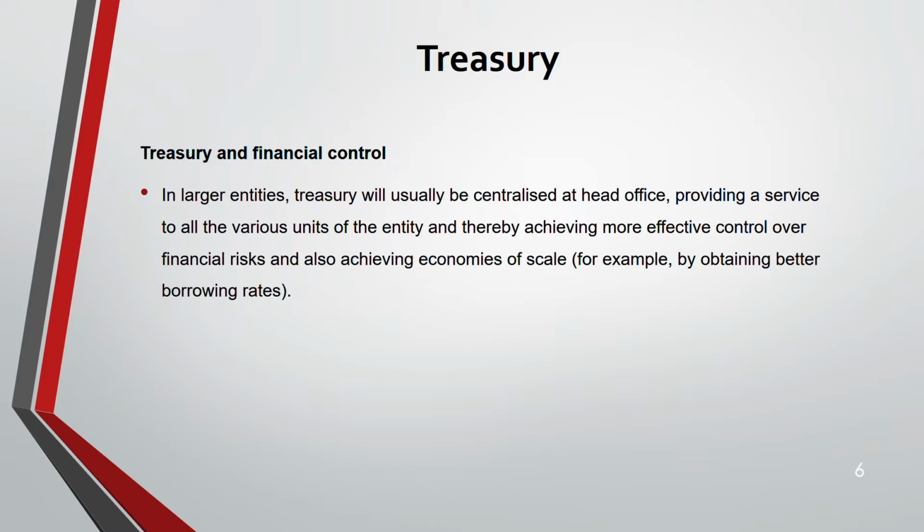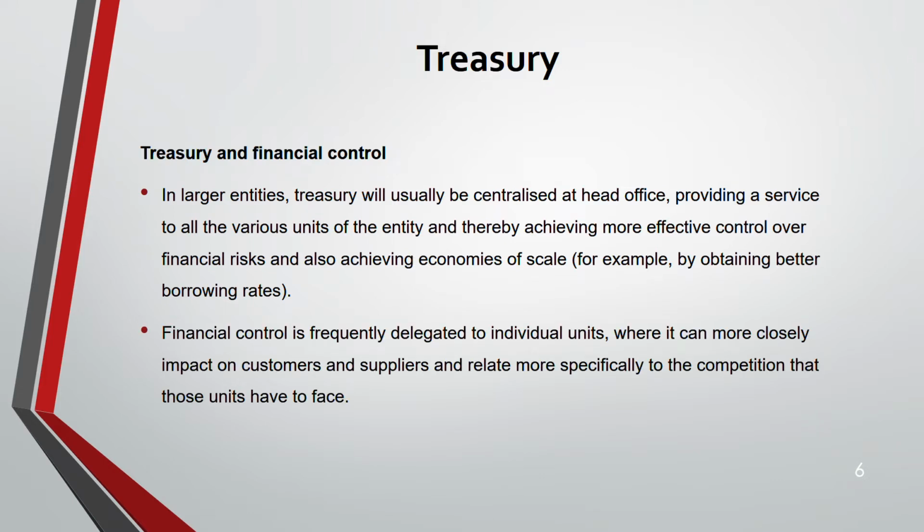This is in a way good also, because it means you can achieve more effective control over your financial risk. You can achieve economies of scale. You can even obtain better borrowing rates. Now, the financial control is frequently delegated to individual units. When it is told that you have to financially control, this job is delegated to individual units.